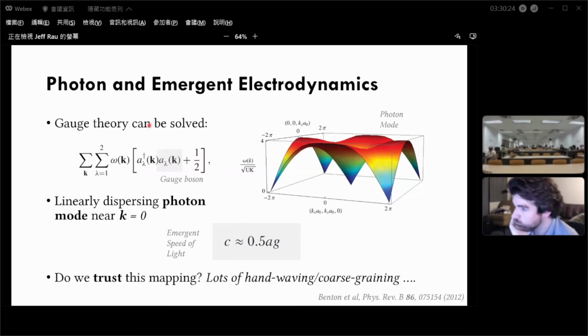When we talk about gapped or gapless, usually we focus on whether the matter field is gapped or gapless. But in this emergent QED theory, the matter field, like the magnetic monopole and the electric monopole, they are all gapped. So I think the argument is that you have two types of perturbation.